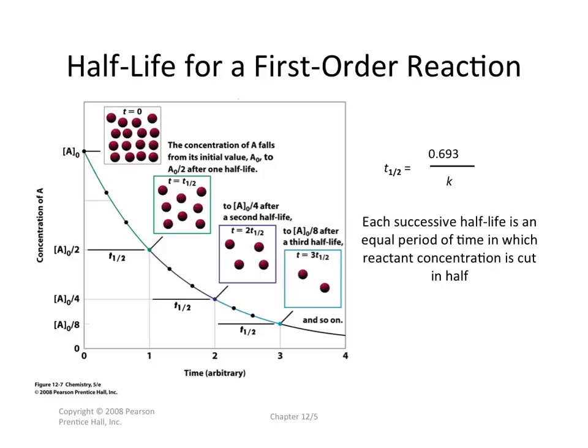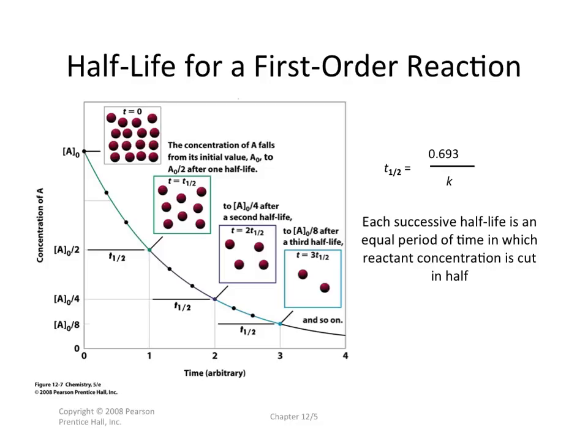If we consider a first-order reaction, where concentration of A is graphed on the y-axis and time on the x, if we start with 16 molar A, after 1 half-life, it has decayed and there is only 8 molar. After the second half-life, there's 4 molar, and the third half-life, 2 molar, and so on and so forth.